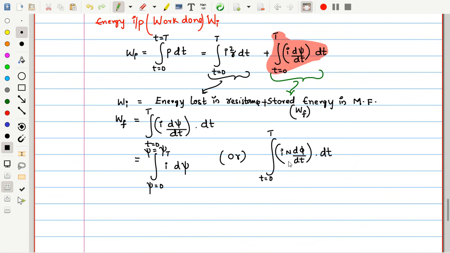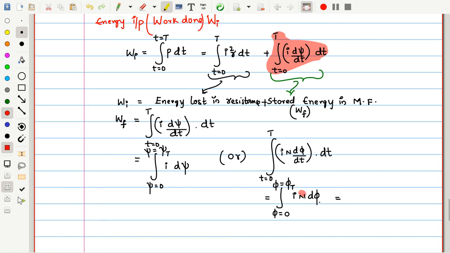Now if I want to change the integration limits, then I should take them with reference to flux. So let me take the integral over flux equal to 0 to flux equal to flux at the instant of time T. With these limits, I into N into d phi. You can say this in terms of, what is NI?